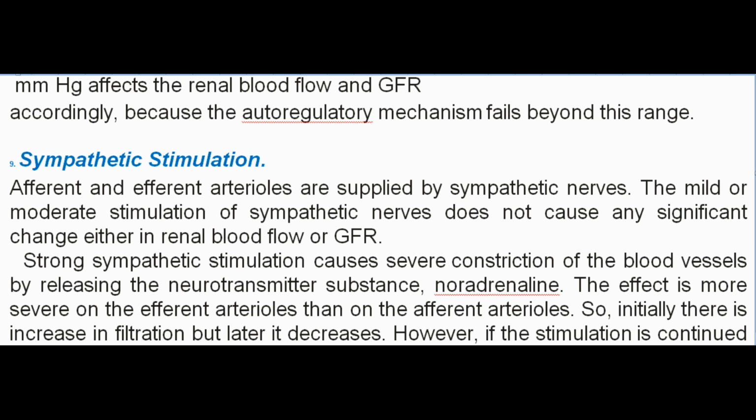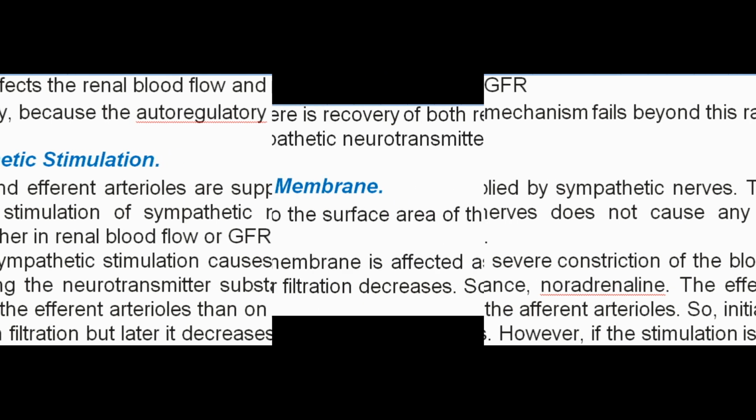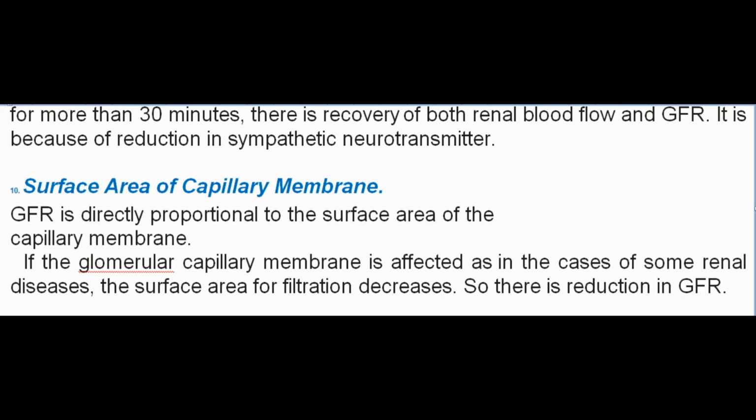The effect is more severe on the efferent arterioles than on the afferent arterioles. So, initially there is an increase in filtration, but later it decreases. However, if the stimulation is continued for more than 30 minutes, there is recovery of both renal blood flow and GFR. It is because of reduction in sympathetic neurotransmitter.